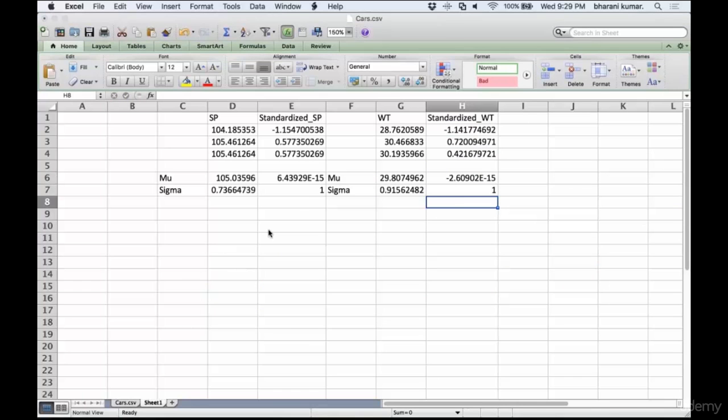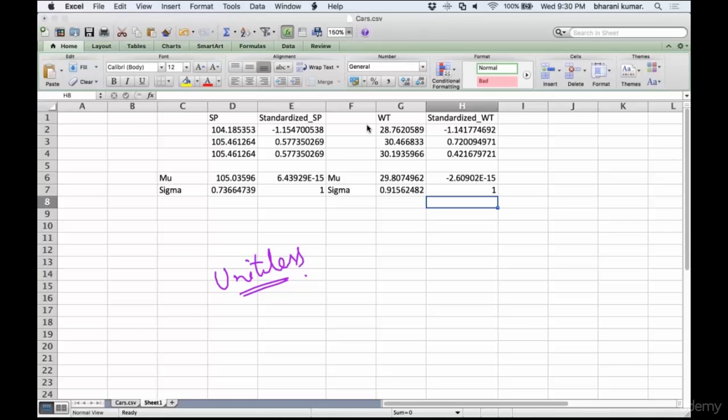And why are you standardizing the data? Because when you standardize, the data becomes unitless. There is no longer any dependency on units, and hence you can very easily proceed with the prediction models. That is the reason why you're making the data unitless.